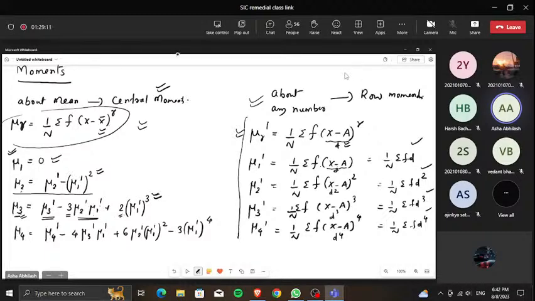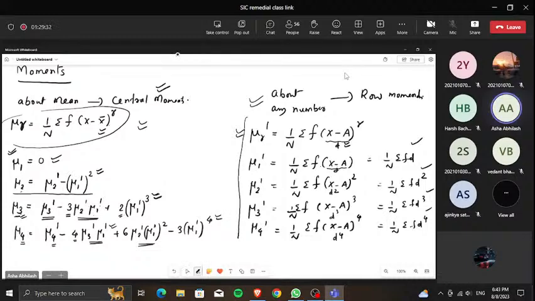Two, don't forget that. Now next is mu4. Starting with mu4 dash, then minus 4 into the combination of mu3 and mu1, then the combination of mu2 and mu1, where it is squared. This part is increasing mu1. Last you have mu1 dash raised to 4.